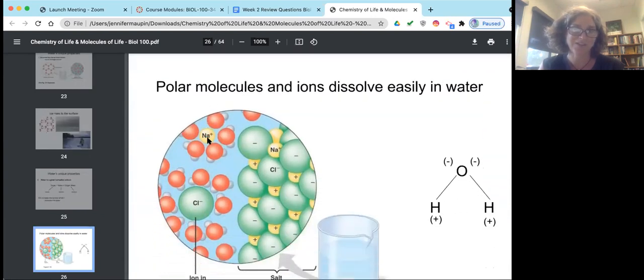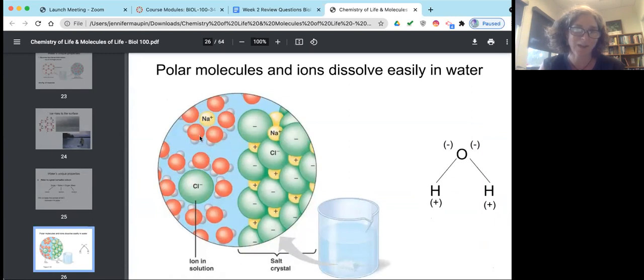So if water's dissolving sodium chloride, salt, it is an attraction, but you wouldn't necessarily call it a hydrogen bond. It causes the water molecules to surround and separate these little sodium and chloride ions in the salt and keep them from forming back into a salt crystal.